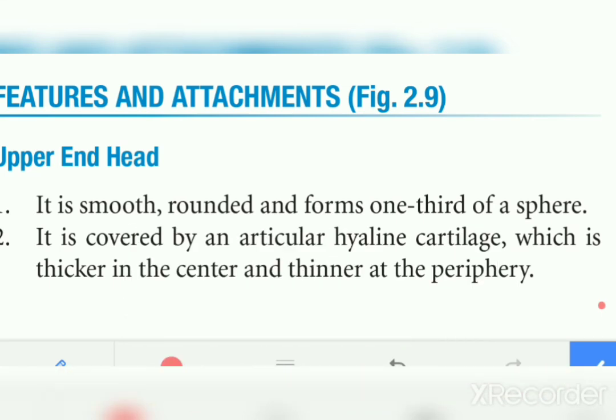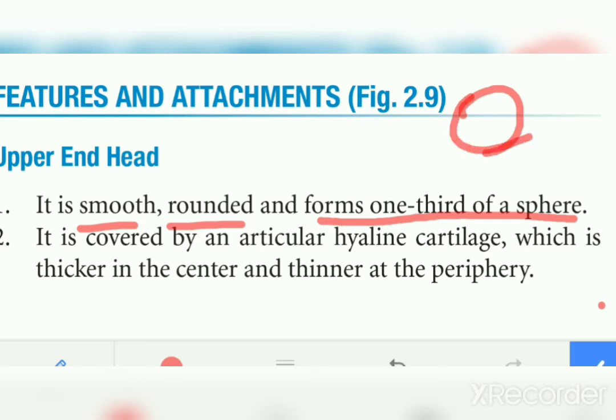The head is smooth, rounded, and forms 1/3 of a sphere. Sphere means a rounded structure like a ball. So it doesn't form a full sphere. It forms just 1/3 of a sphere, not a full sphere.